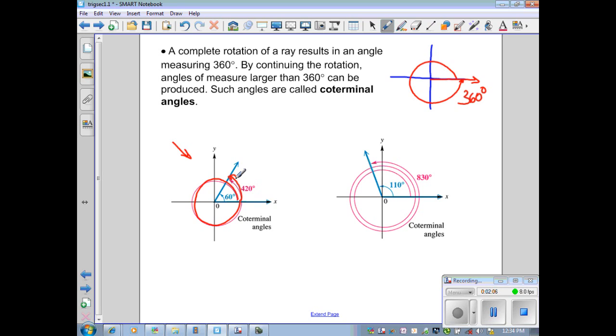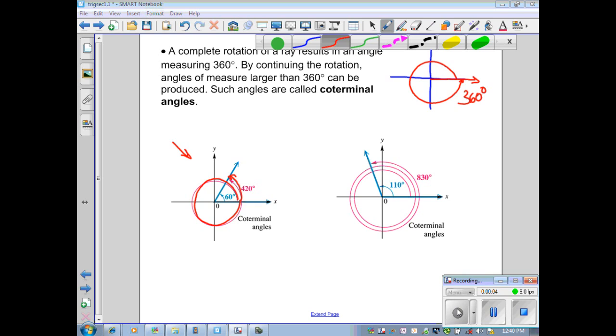A 420-degree angle and a 60-degree angle represent the same terminal side of the angle. Therefore, when you have angles that represent the same terminal side, those angles are called coterminal angles. In this situation, when my initial side is on the x-axis, and my terminal side is either at 60 degrees or 420 degrees, those are called coterminal angles.